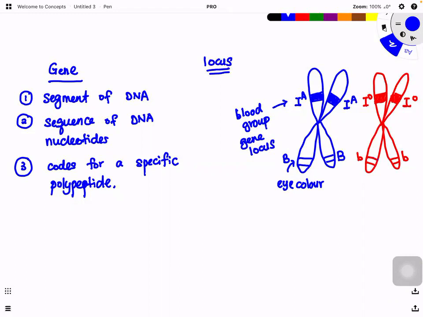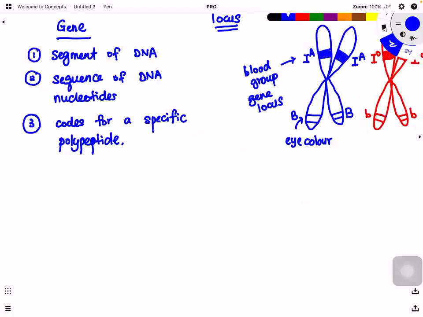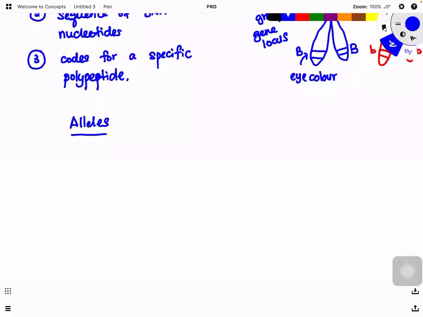But what is meant by allele? Questions are always asked about gene versus allele. So what is meant by allele? Alleles are the alternative forms of a particular gene. You always inherit the gene from a parent, but which allele? Are you clear?